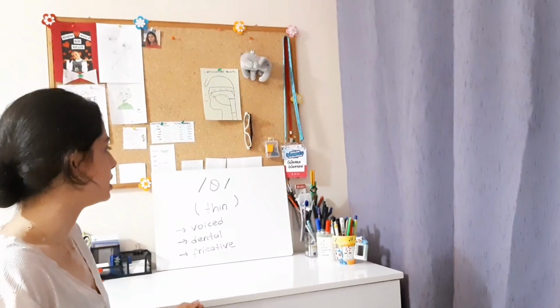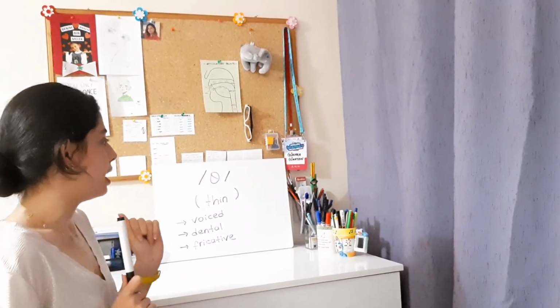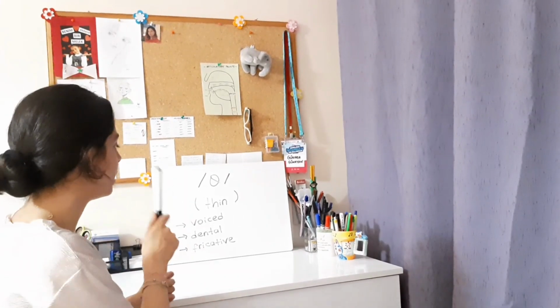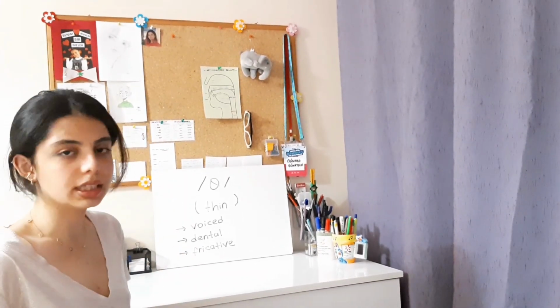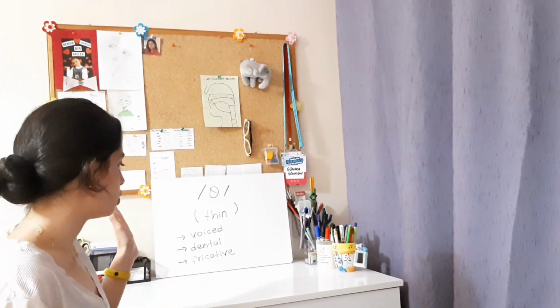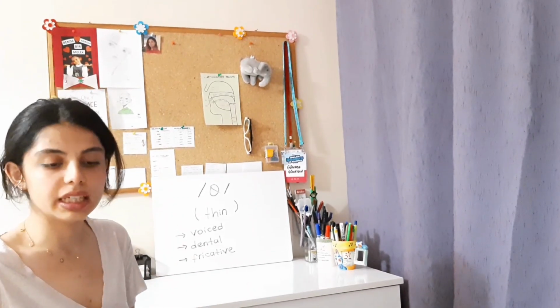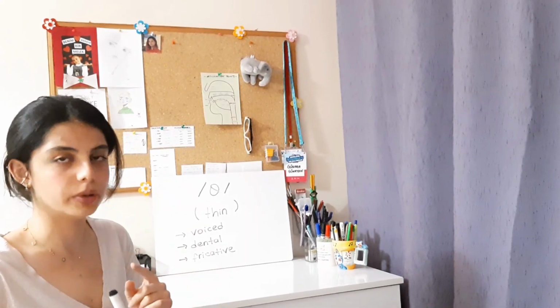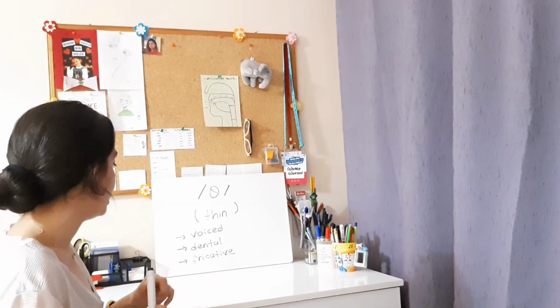Our next consonant is theta. We pronounce it as th, as in thin. Its voice sound, its place of articulation is dental, so it is made by touching the front of the tongue to the upper teeth, and it's fricative.